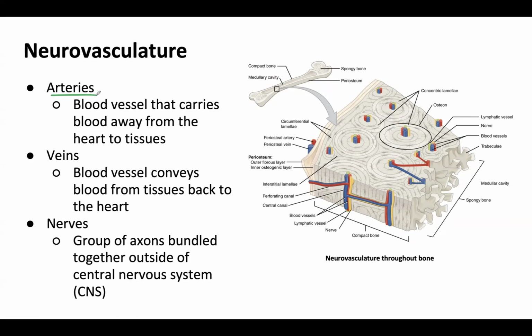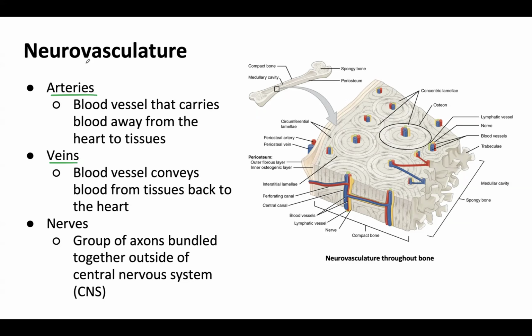Arteries are going to be blood vessels that carry blood away from the heart to different tissues. And typically, but not always, as you will discuss during the cardiorespiratory block, arteries tend to carry oxygen-rich blood. But there are some very important exceptions that you'll talk about later. Veins are the blood vessels that convey blood back to the heart, and often this blood is deoxygenated.